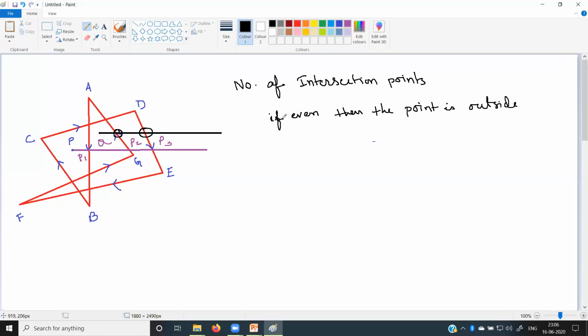If the number of intersection points is odd, then the point is inside of the polygon.